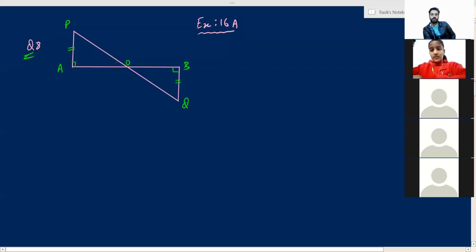Third thing, in which you had to use a little brain, that is angle POA is equal to angle QOB. What is the reason? Why are they equal? Sir, they are linear pair. No, sir. Corresponding angles. Co-interior angles.